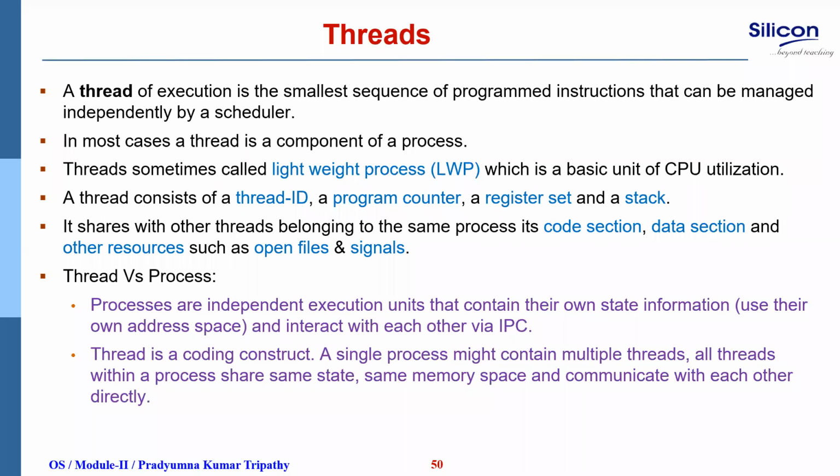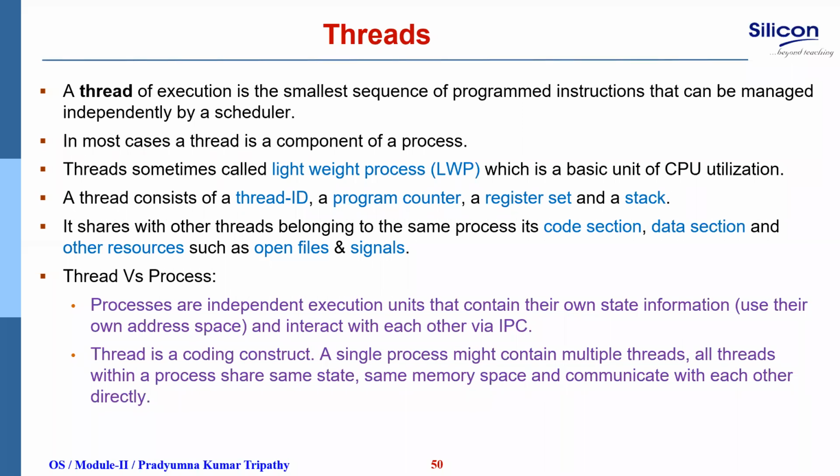A thread of execution is the smallest sequence of programmed instructions that can be managed independently by the scheduler. What it says is that this is managed by the scheduler. Scheduler will schedule when the thread has to be created and when it has to be destroyed.